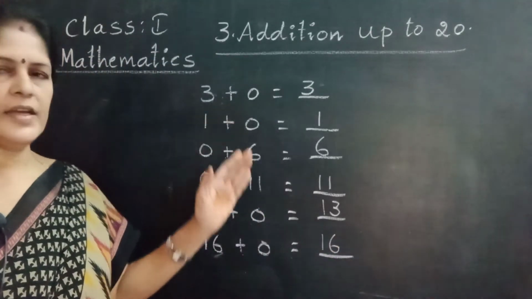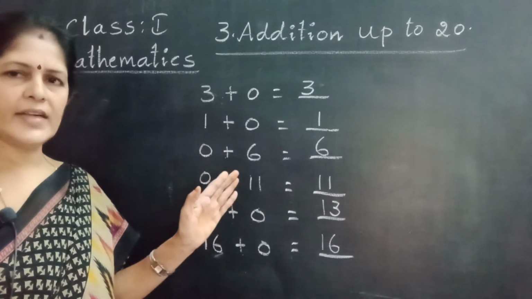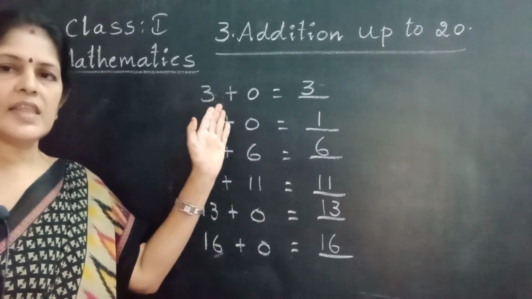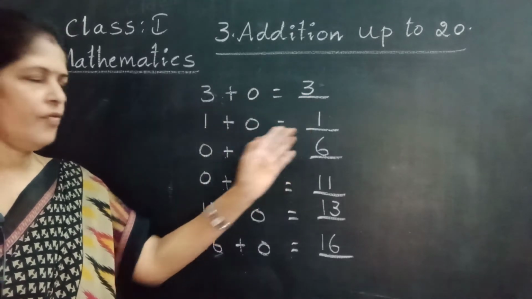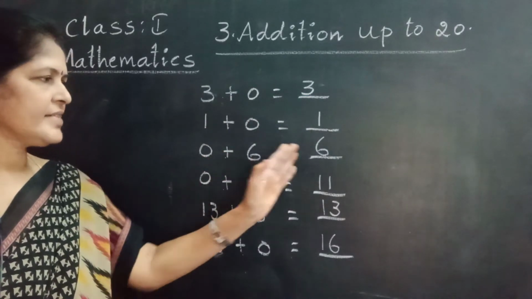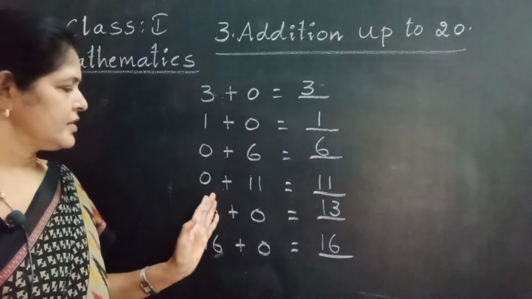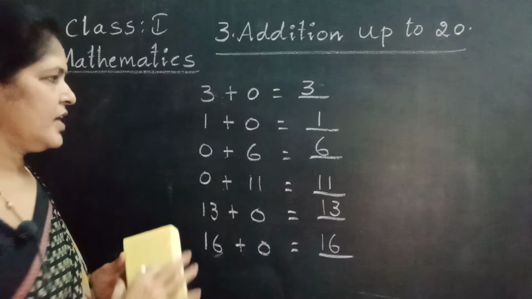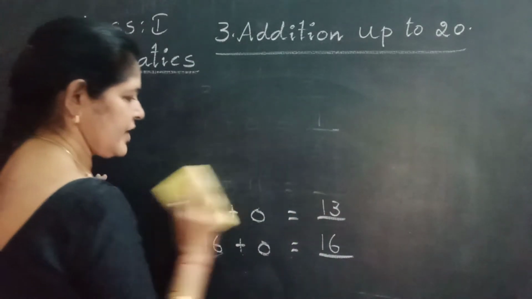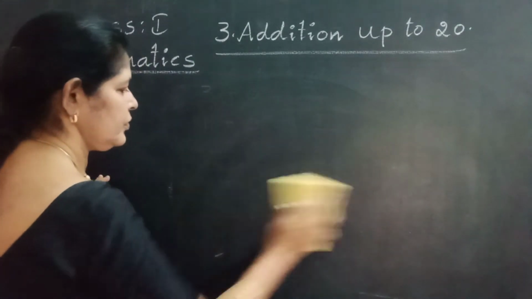Okay. This is addition fact, concept of 0. 3 plus 0 is 3, 1 plus 0 is 1, 0 plus 6 is 6, 0 plus 11 is 11. When we add 0, we get the same number.